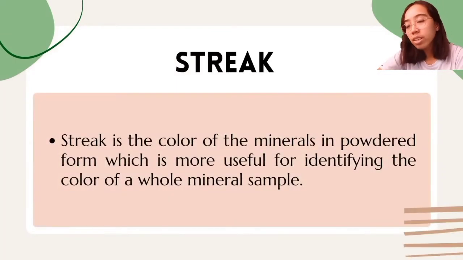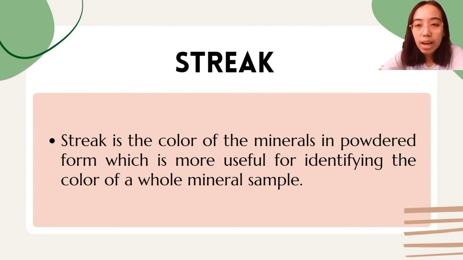Next is streak. Streak is the color of the mineral in powdered form, which is more useful for identifying the color of a whole mineral sample. Dito sa streak, we will use a streak plate where we can scratch the mineral to identify the color.